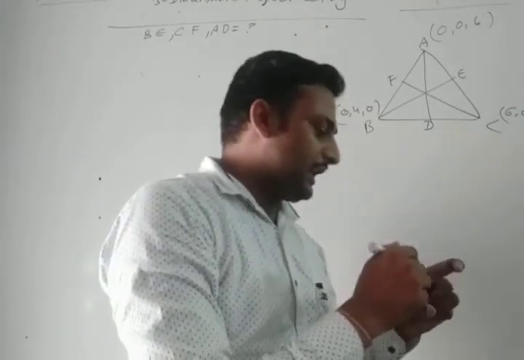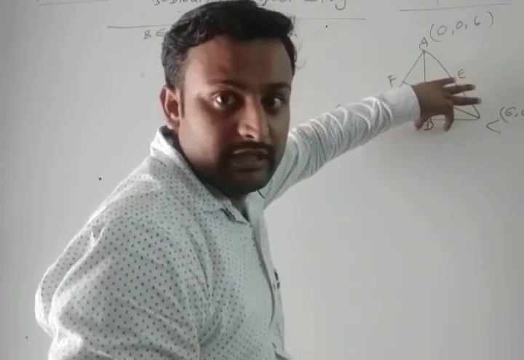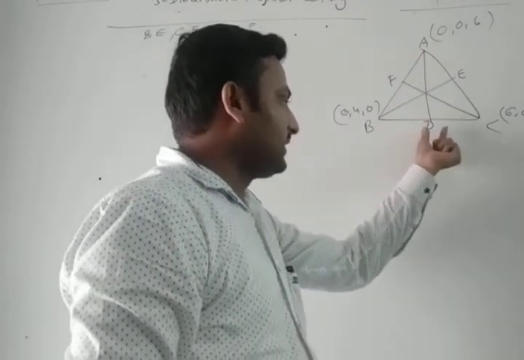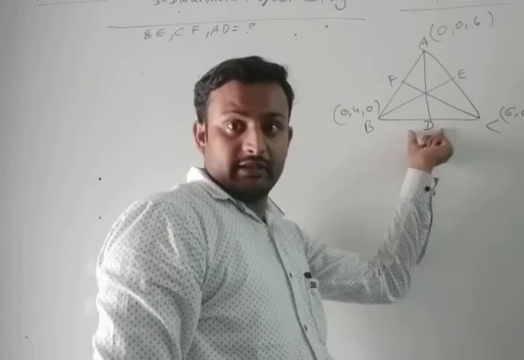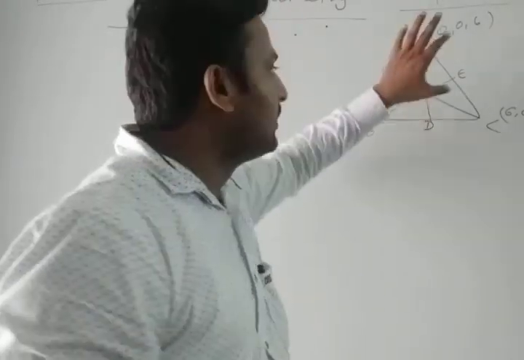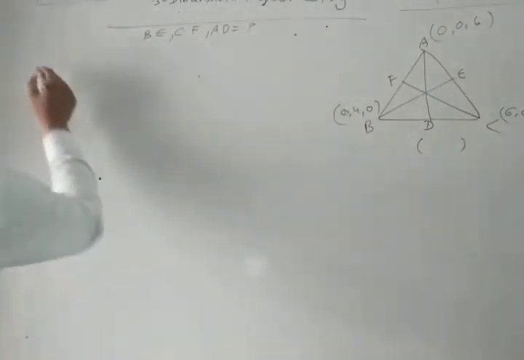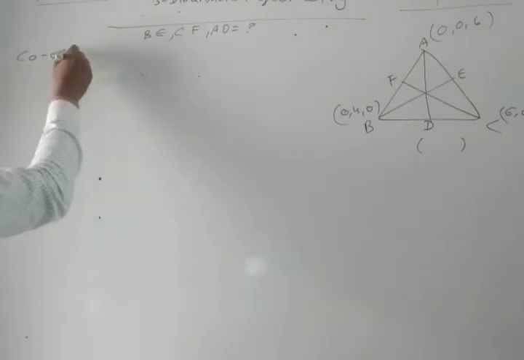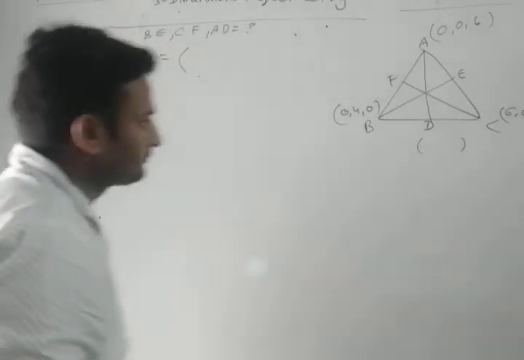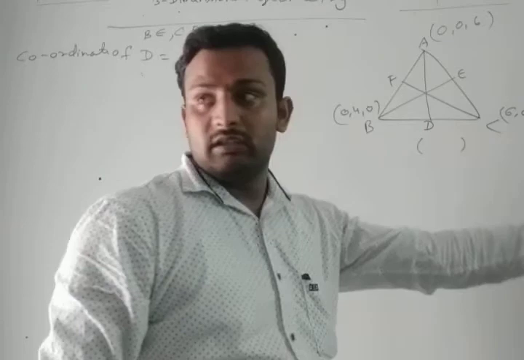So first, to find the length of AD, we have to calculate the coordinates of D. Then we can find the distance between the two points by the distance formula. The coordinate of D is ((x1 plus x2) upon 2, (y1 plus y2) upon 2, (z1 plus z2) upon 2).